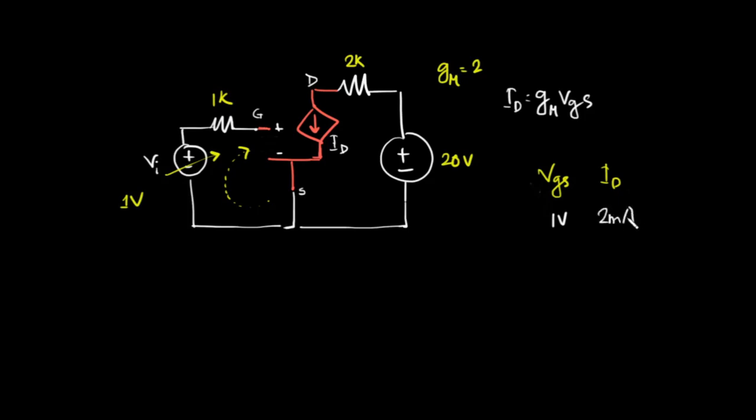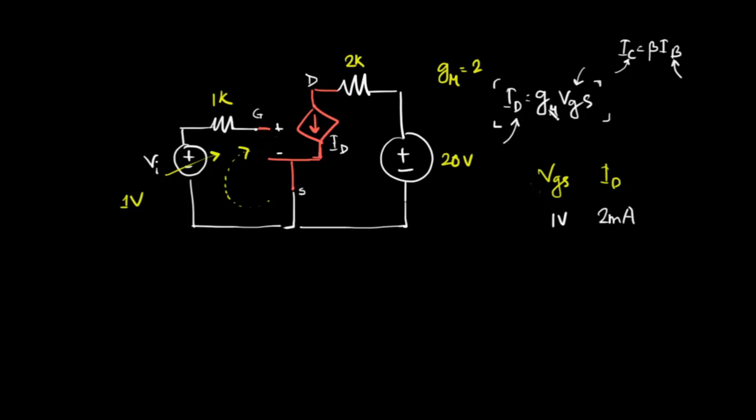Oh, I should be careful about the units. As we saw in the case of BJT, beta didn't have any unit. Why? Because beta was of the form IC equals beta IB, where IB has a unit of current and IC has a unit of current, so beta has no unit. But for this relation, this side has a unit of voltage and this side has a unit of current.